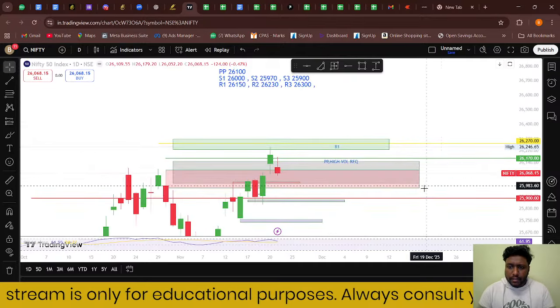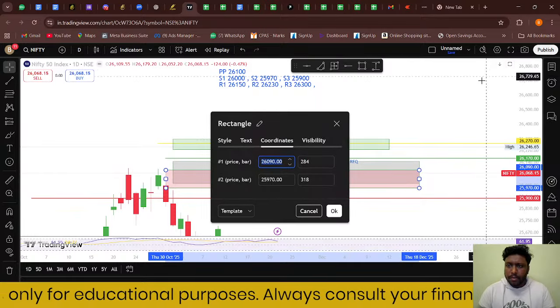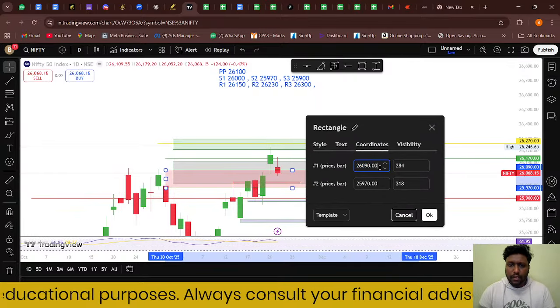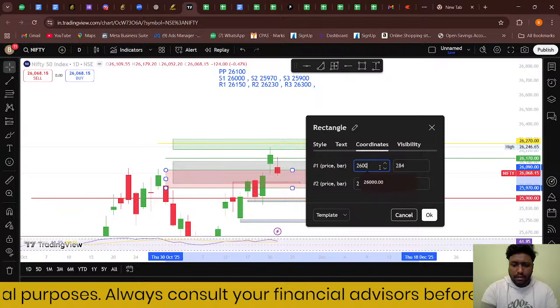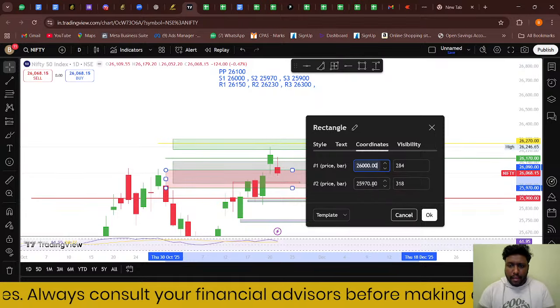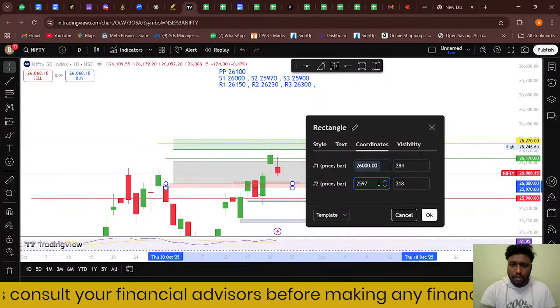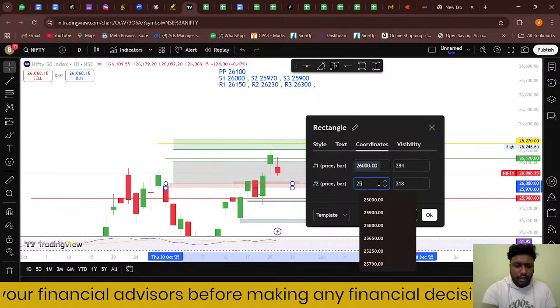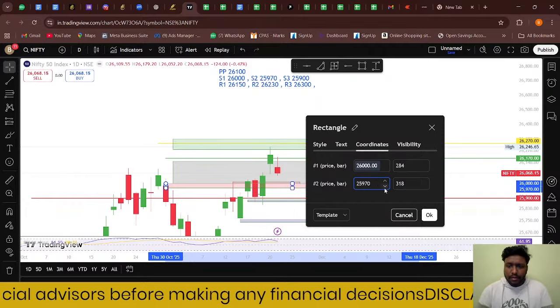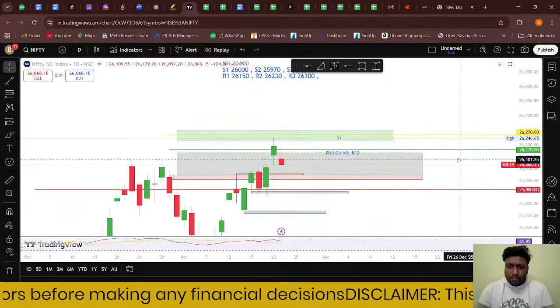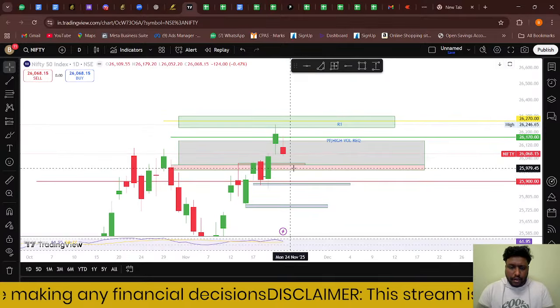And on the bear side, it will be below our support one, which is 26,000, and support two is at 25,970. So you have a very short range.